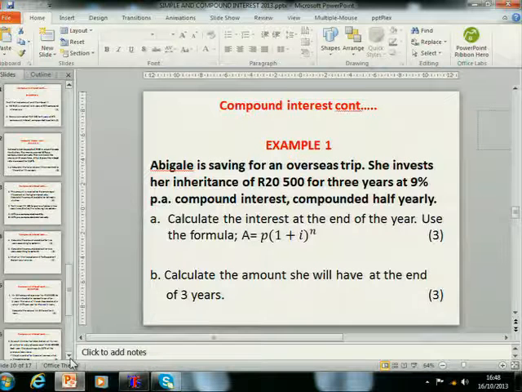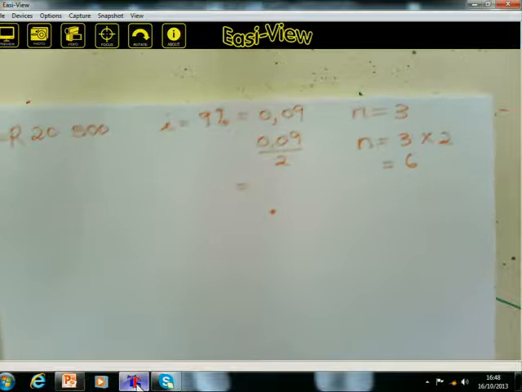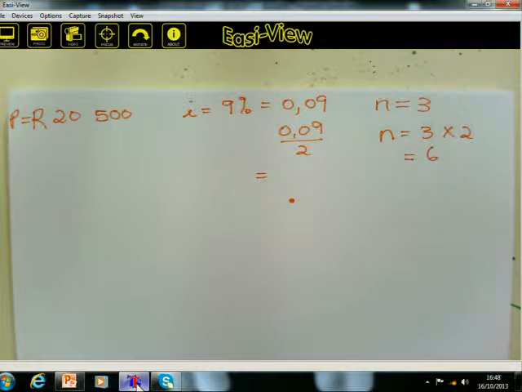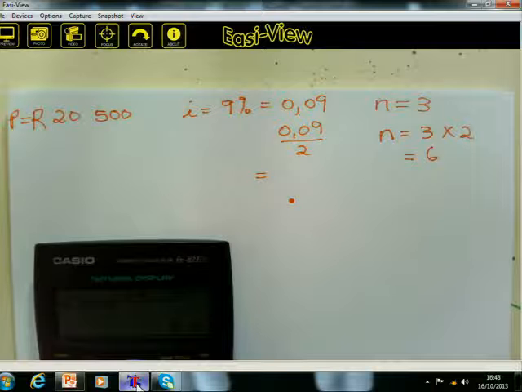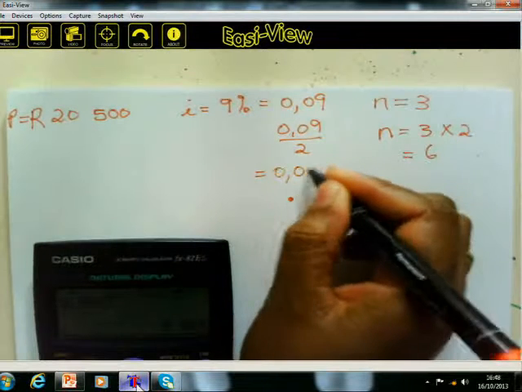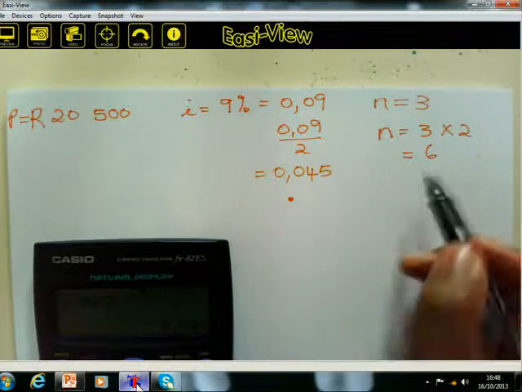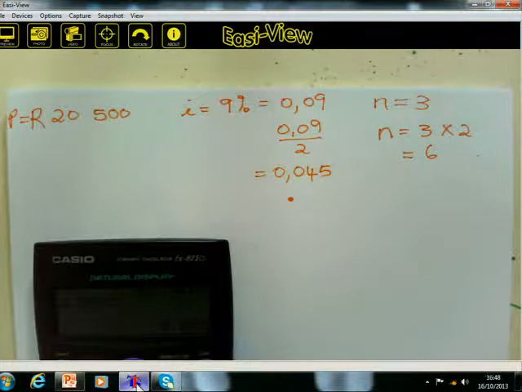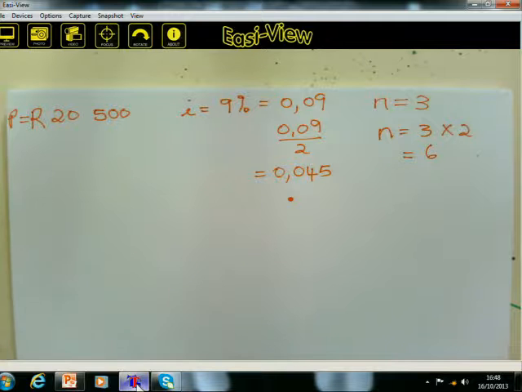Let's solve this. Principal amount, we have 20,500. Our interest is 9%, which is 0,09, and we divide it by 2. 0,09 divided by 2 gives us 0,045. And then our n is 6. So now let's substitute.